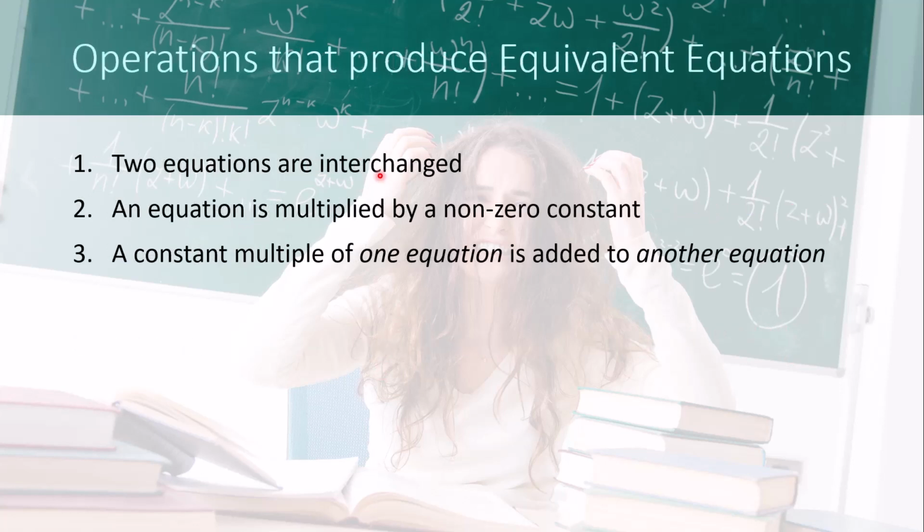Okay, now these are the types of operations that will produce for you equivalent equations. For example, you can flip the order of equations. That's actually pretty obvious. That's what we mean here. If you take any equation and multiply it by a non-zero constant, then the solution set has not changed. So you have an equivalent equation.